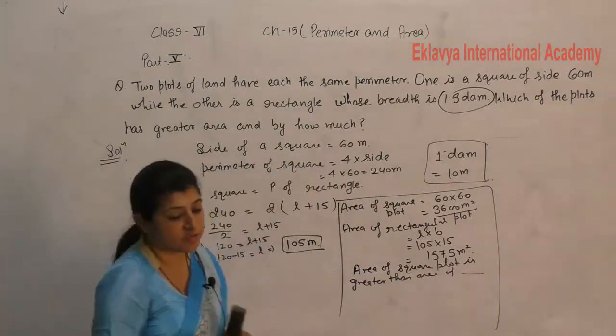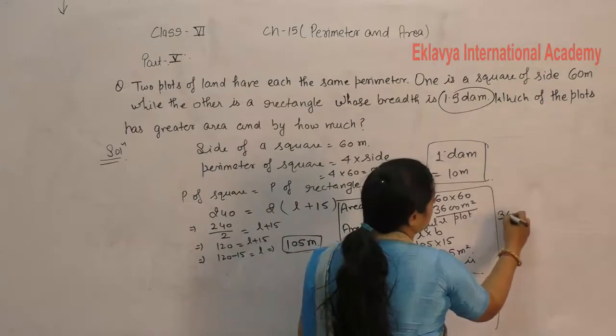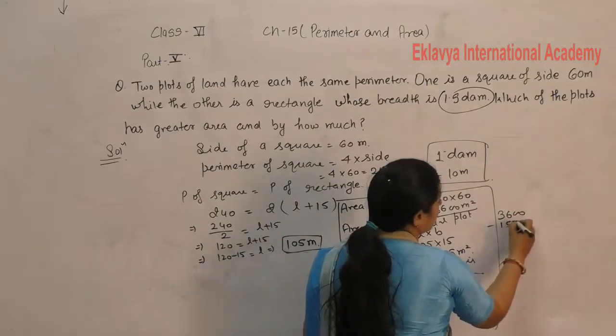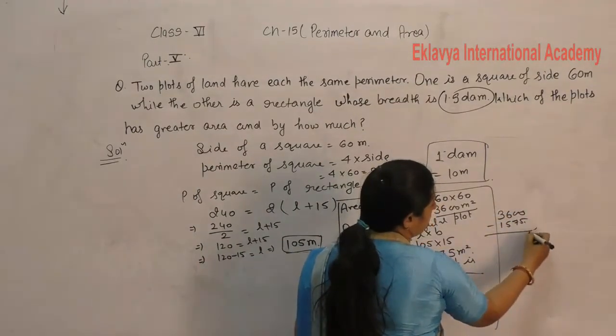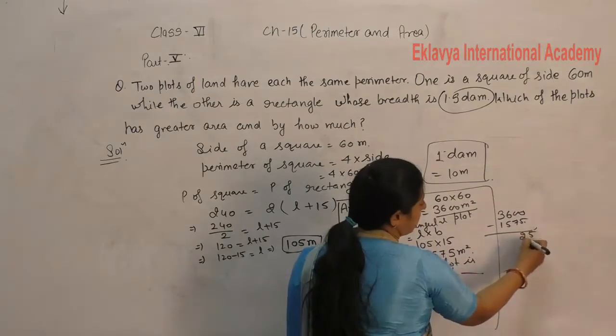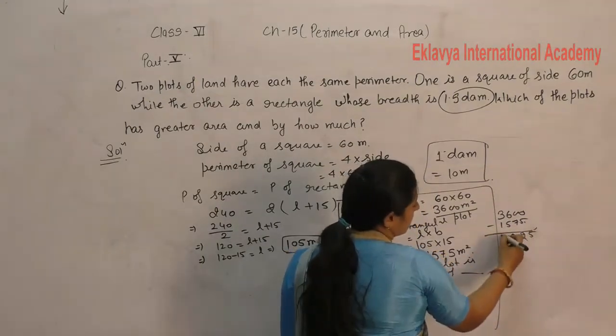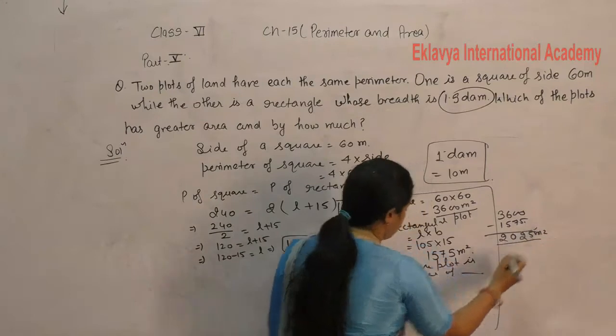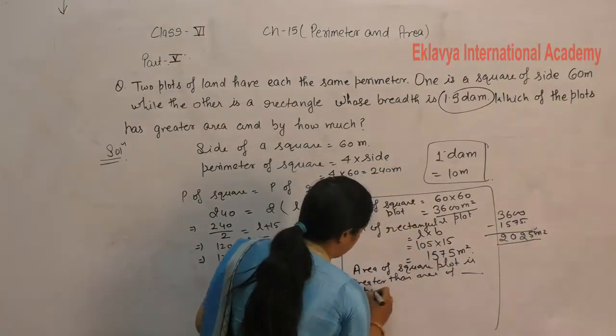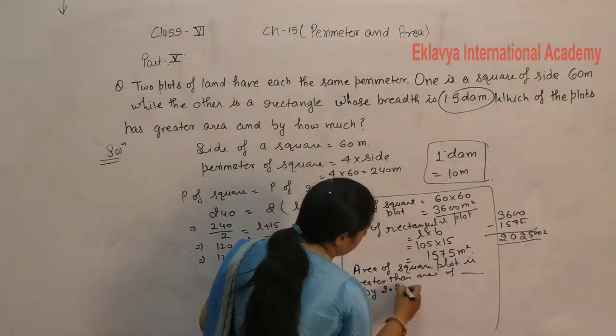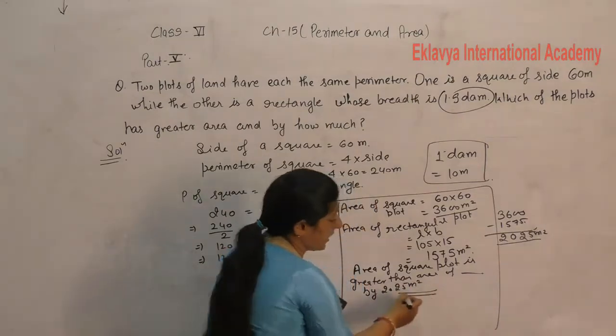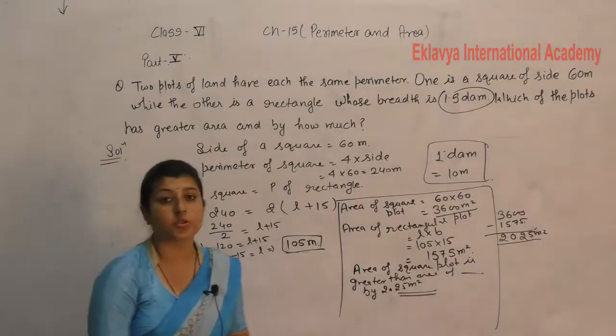By how much? We will do 3600 minus 1575, 10 minus 5, 5; 9 minus 7, 2; 0; 3 minus 1. It means by 2025 meter square.